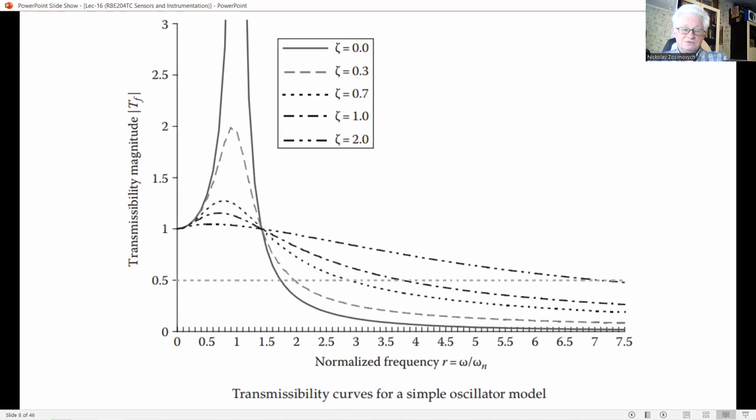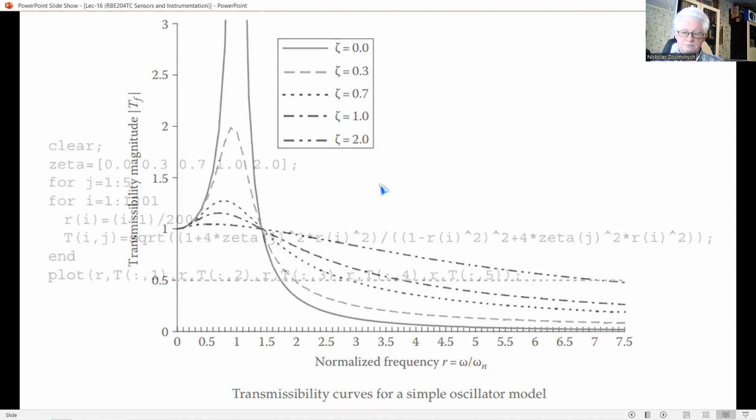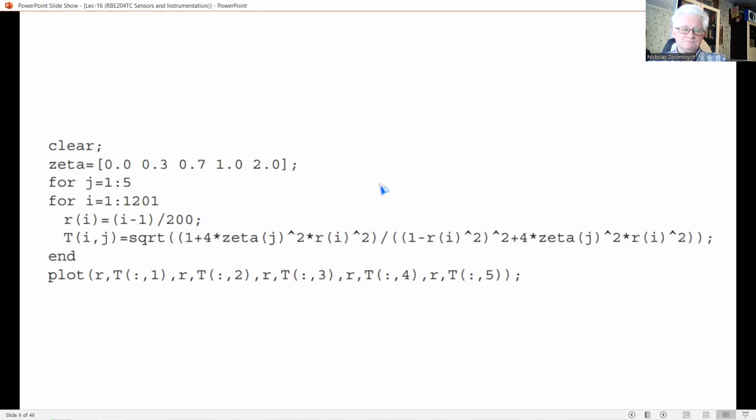The 5 curves of the absolute value of T sub F versus r, when theta equals 0.3, 0.7, 1, and even 2, are shown in this diagram. These curves use the exact expression and can be generated using the following MATLAB program.